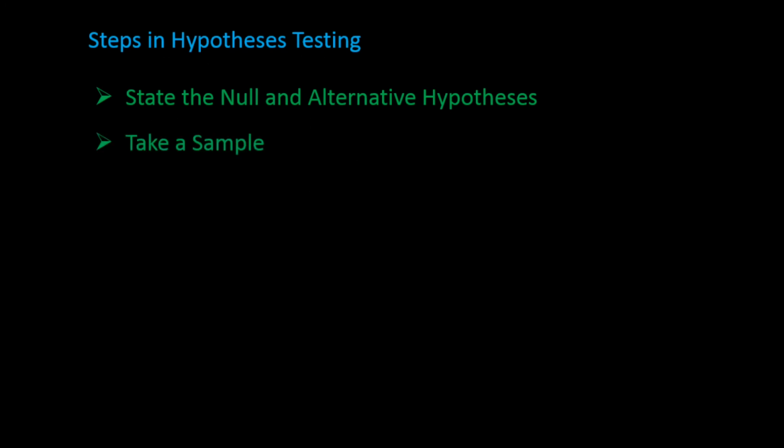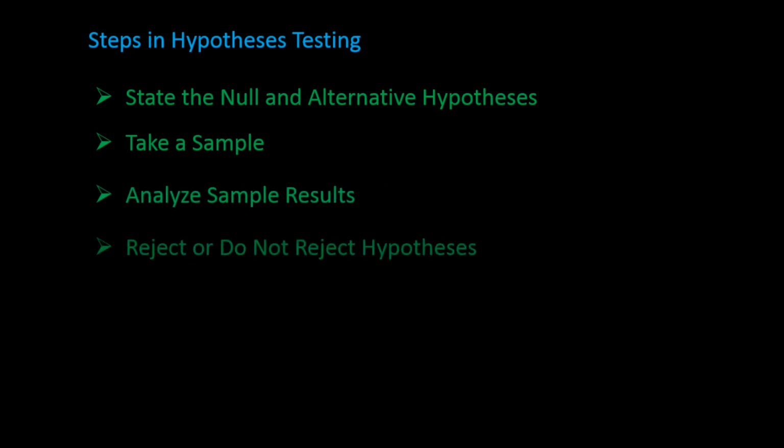Understanding how to formulate the null and alternative hypotheses is the first step in conducting a hypothesis test. If the hypotheses are not formulated correctly, then the researcher may not get the results he is looking for. The basic steps in hypothesis testing are to state the null and alternative hypothesis, then to take a sample, and use the sample results to provide evidence for rejecting or not rejecting the hypotheses, which leads to certain conclusions about the problem being studied.